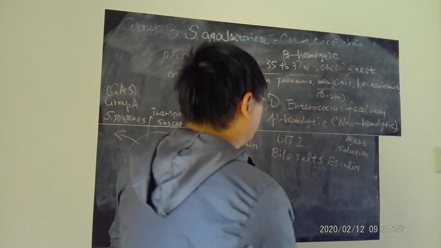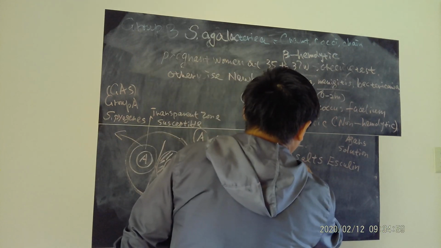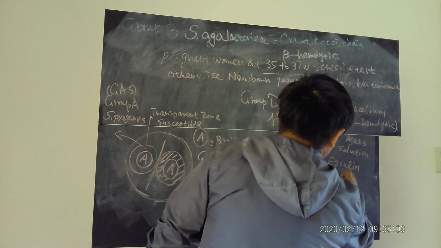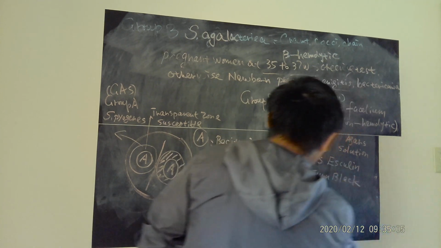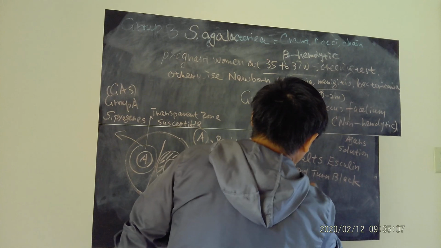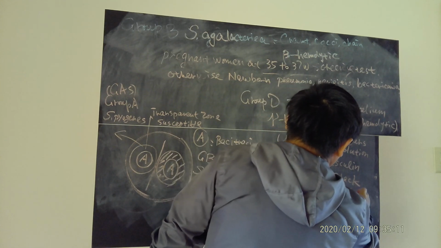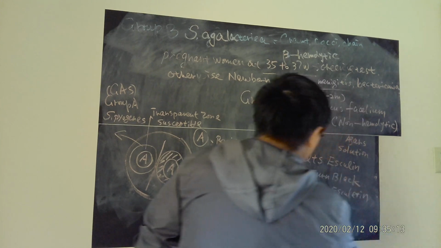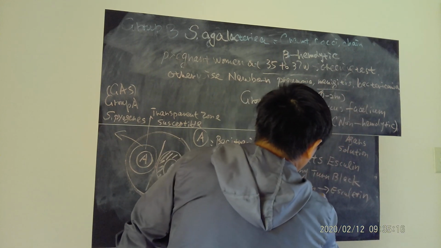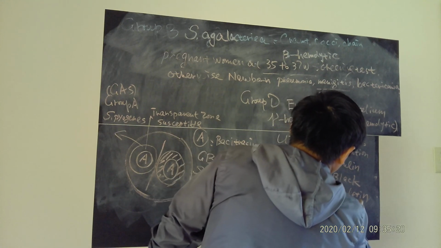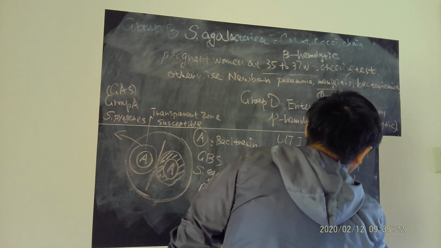And the colony will turn black, because the esculin will become esculetin, and the metallic ingredients in the agar turn black.